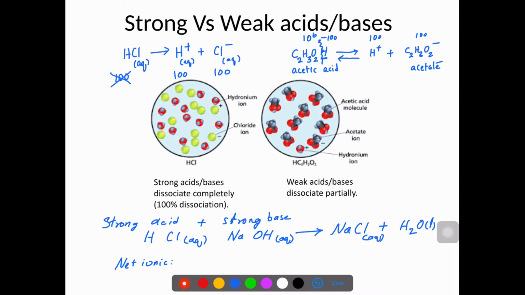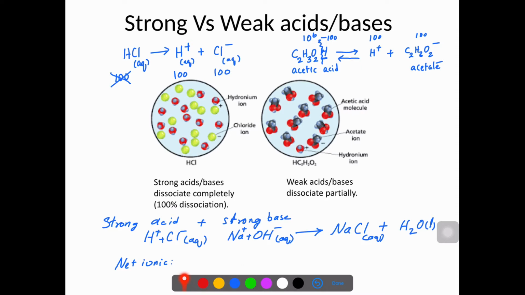Okay, if you think about what they truly are, HCl, since it's a strong acid, you don't have hydrogen and chlorine attached anymore. So you have H plus and Cl minus. They have dissociated, so you can break apart into ions. Same thing for the strong base. Since it dissociates completely, you can break it apart into ions. What you have inside the solution are ions.